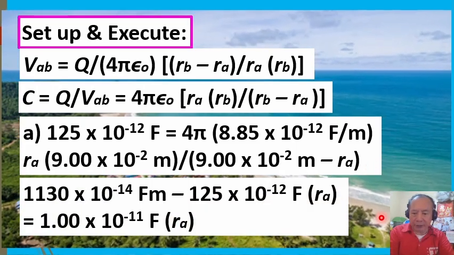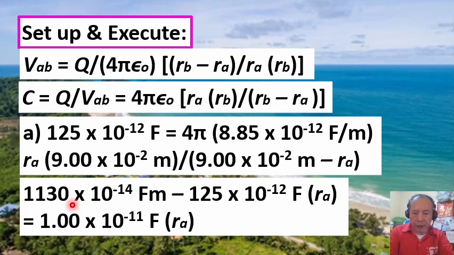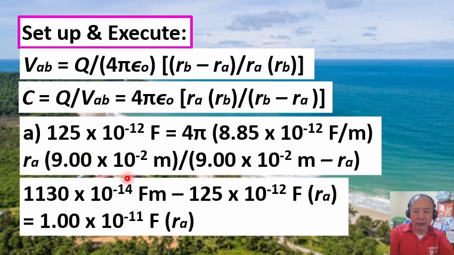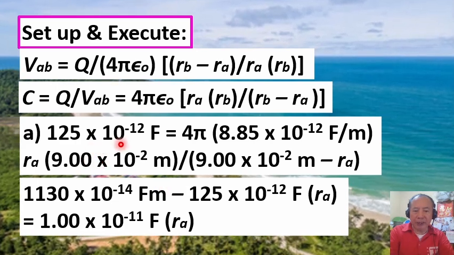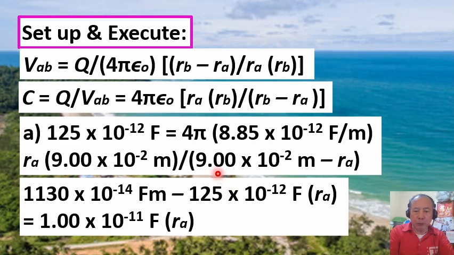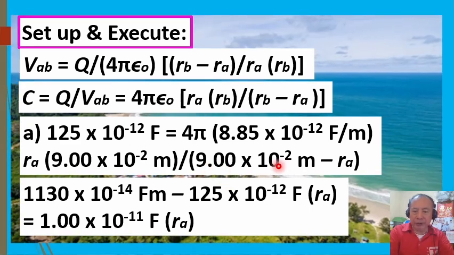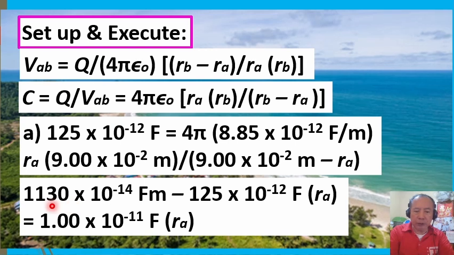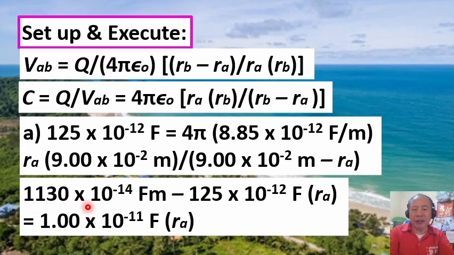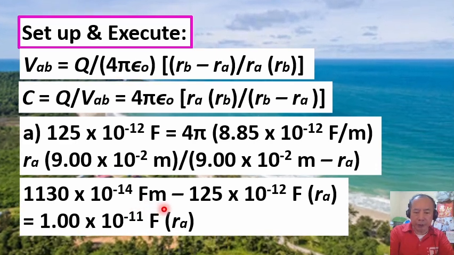When simplified, we actually cross multiply, right? 125 times 10 to the negative 12 farad multiplied by 9.00 times 10 to the negative 2 meters. So it will give us 1,130 times 10 to the negative 14 farad meter.